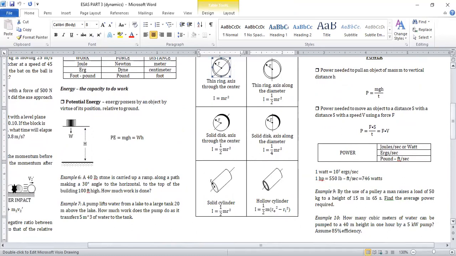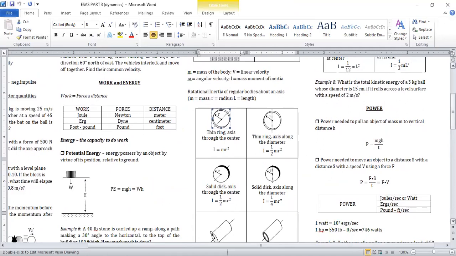Okay, and then we go to the term power, no? So power then is defined as the rate, no? So take note, rate of doing work, okay? So basically when you say rate, so that is per unit time, okay?